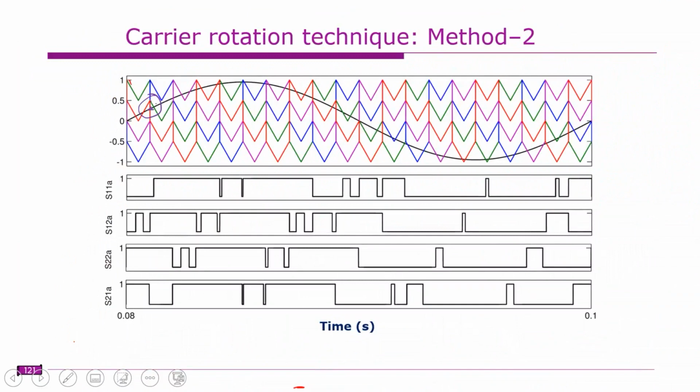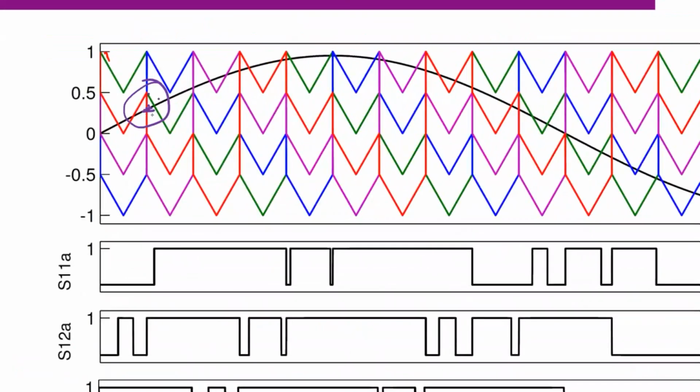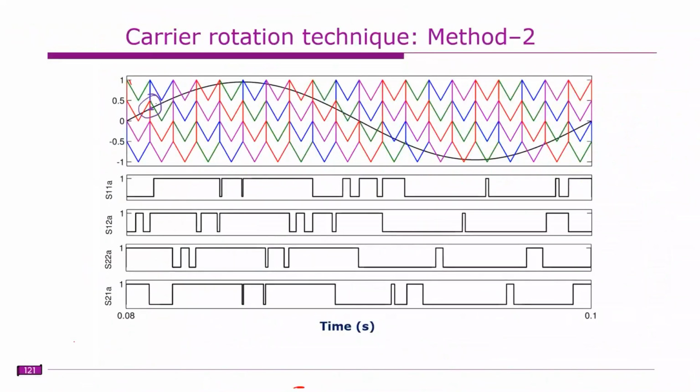There is a chance that we'll get some narrow width pulses of 1 microsecond or 2 microsecond width. For example, this curve may actually intersect the modulating signal when it is changing from 0.5 to 1. It may cause some intersecting points between the modulating signal and the carrier, and it may result in narrow pulses, something like this.